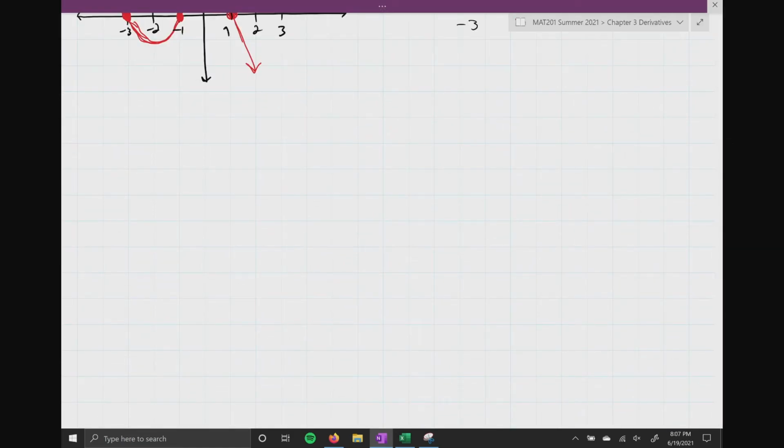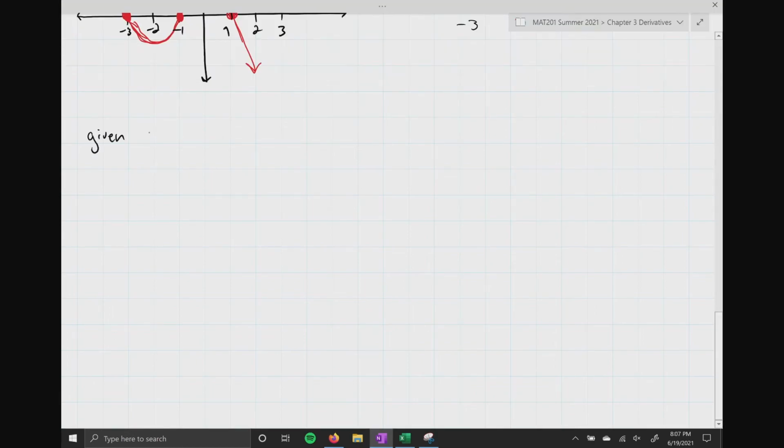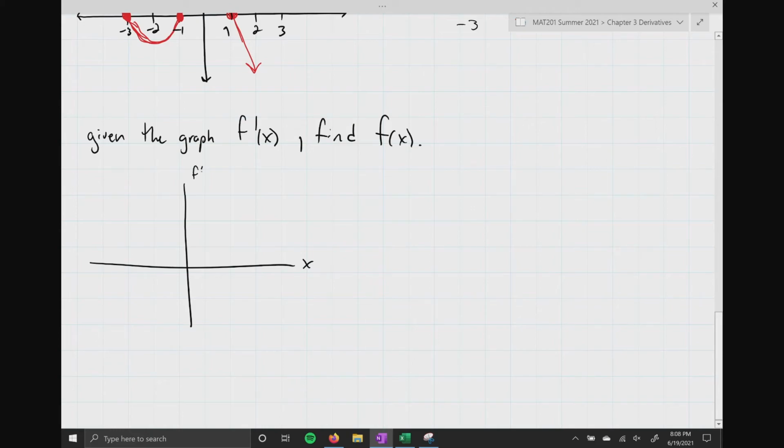Now let me use a different marker. So given the graph of f prime of x, find f of x. What I'm doing here is giving you the graph of the derivative, and what I want you to do is find what the actual function looked like prior. So here, this is x and our derivative.